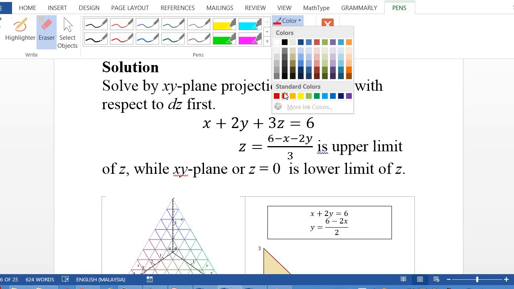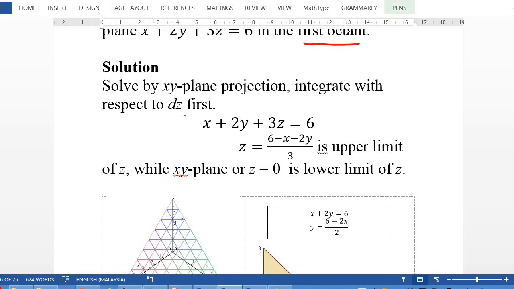Then to integrate with respect to z, you need the lower limit and the upper limit of z. From the tetrahedron surface, make z the subject, and you get z equal to (6 minus x minus 2y) divided by 3. This is the upper limit, meaning the upper surface becomes the upper limit.